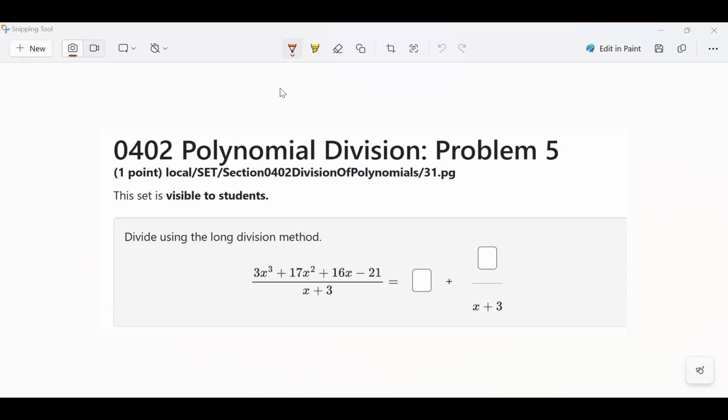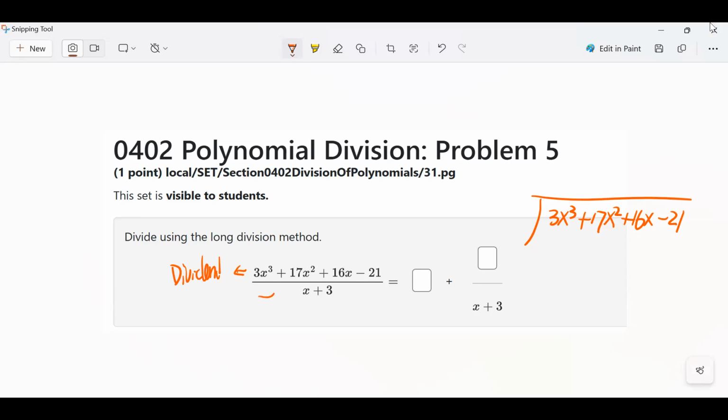All right, let's go over the solution. We're going to set up a long division. First of all, you write 3x cubed plus 17x squared plus 16x minus 21. This is what we call the dividend.